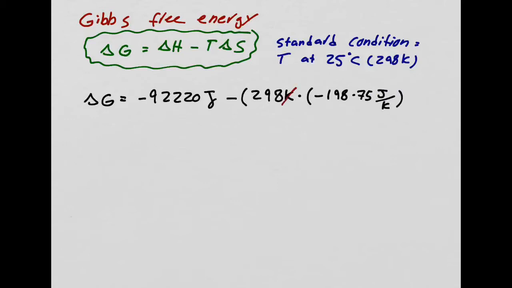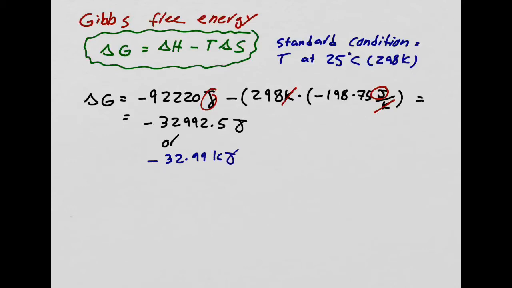So again, the Kelvin cancels out, and they both are joules because units matter. What I end up getting is negative 32992.5 joules. Or I can convert it to kilojoules because it's a nicer number: negative 32.99 kilojoules. That is my delta G.